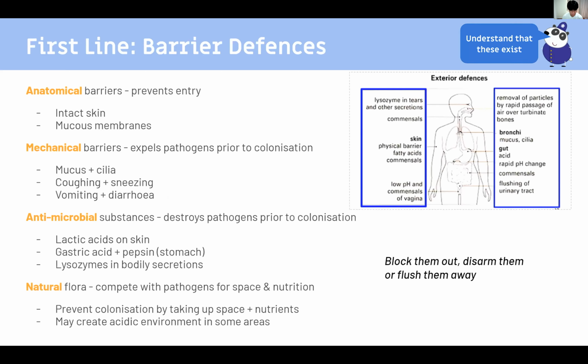You can have a read over it later. Basically, there are different types of physical barriers that prevent pathogens and things that aren't meant to be in your body from getting in. They all act to block them out, disarm them, or flush them away.